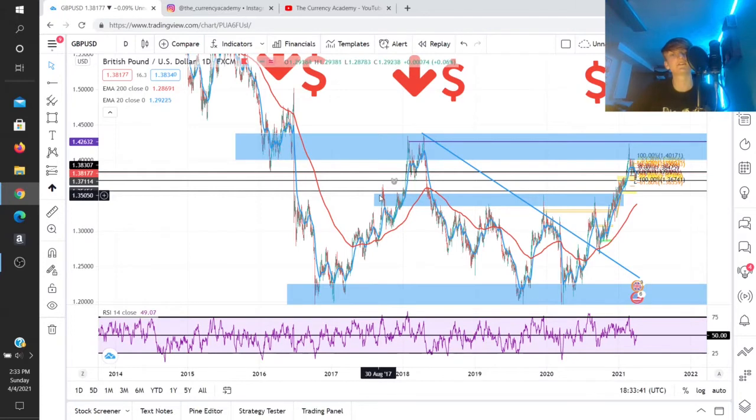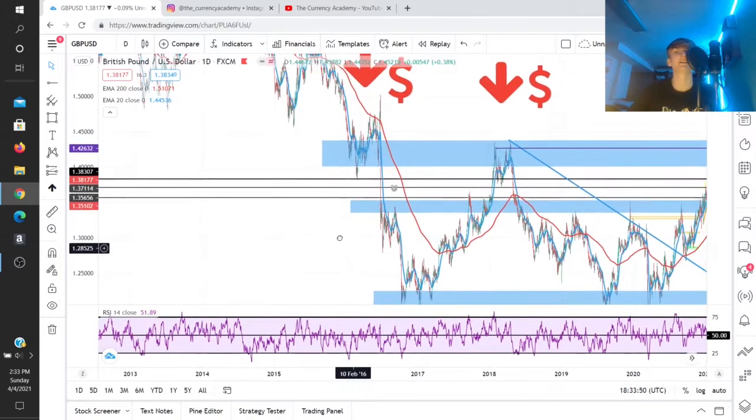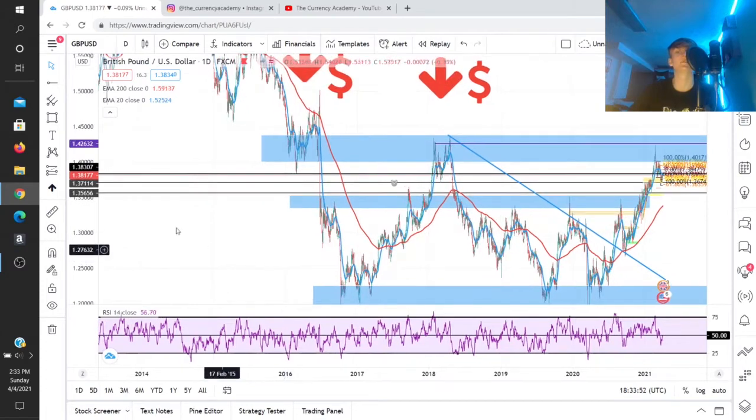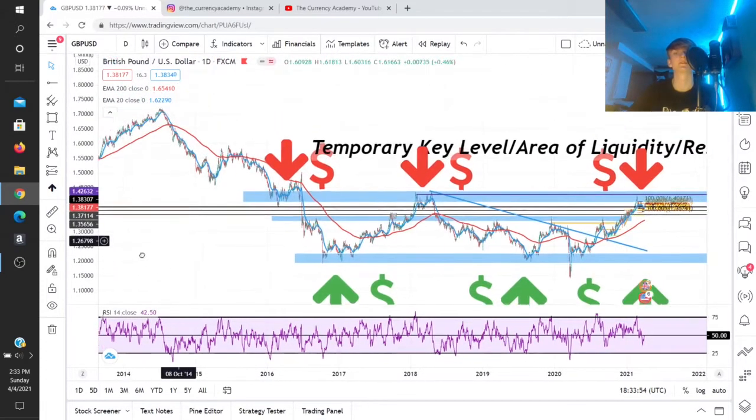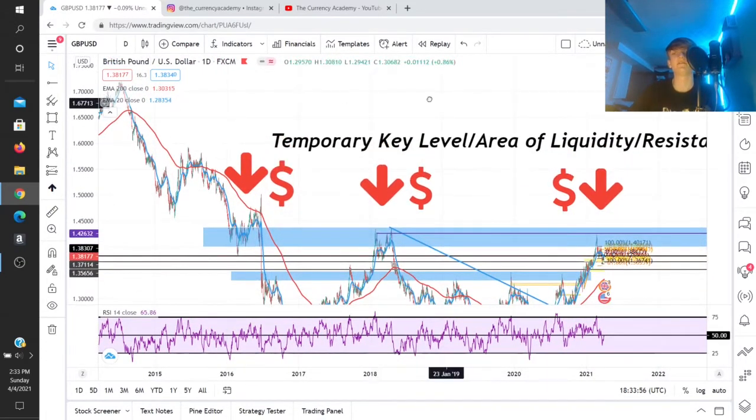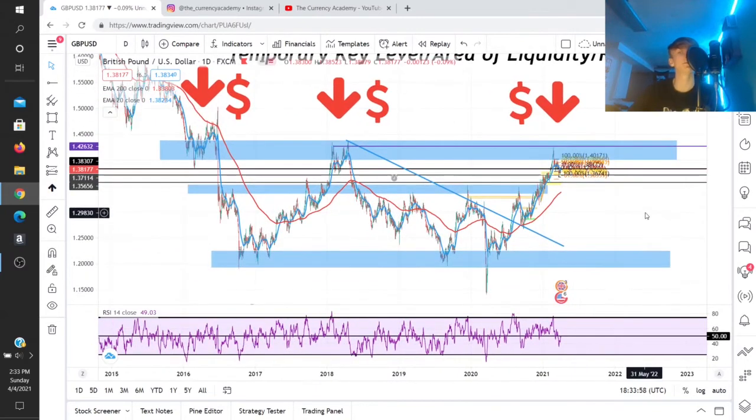But these areas are always created by the past. That's why I said in my first YouTube video that I love this market, because it is more predictable than most markets. The way I view it is just very simple.